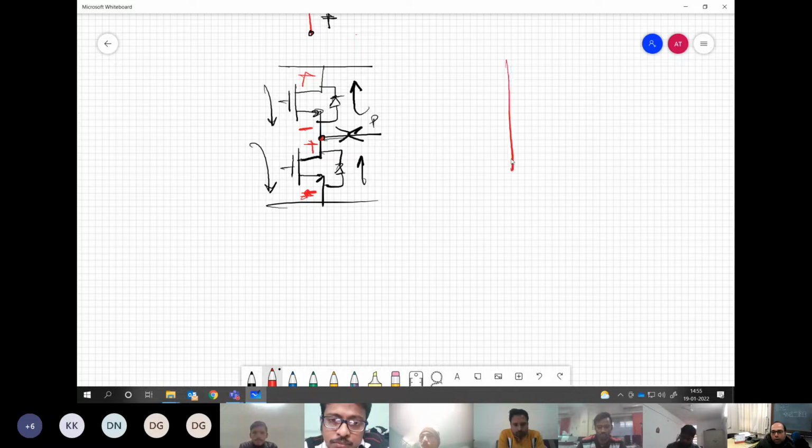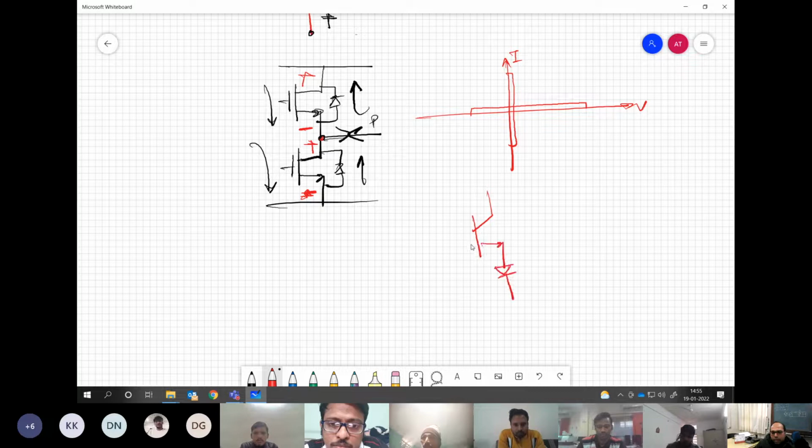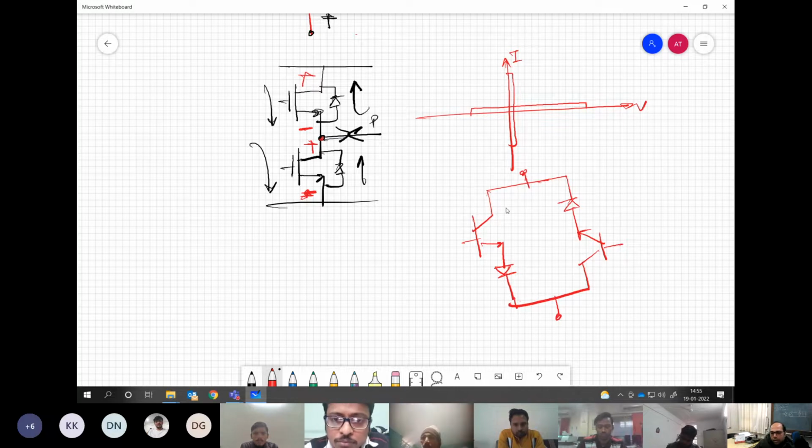So when we are connecting the parallel connected devices in series, we are realizing the four quadrant operation. Similarly, when you connect series connected devices in parallel, you can realize again, this can give four quadrant blocking and both quadrant conduction.